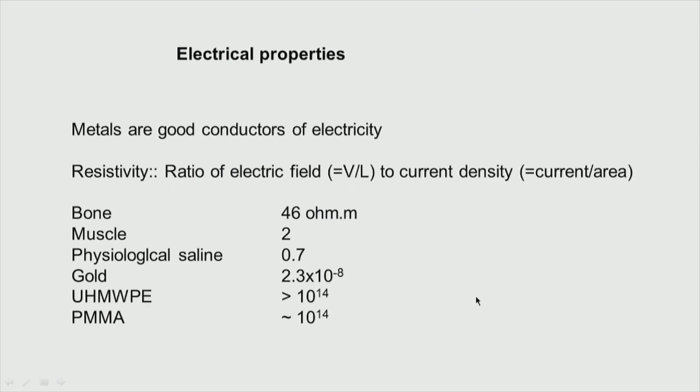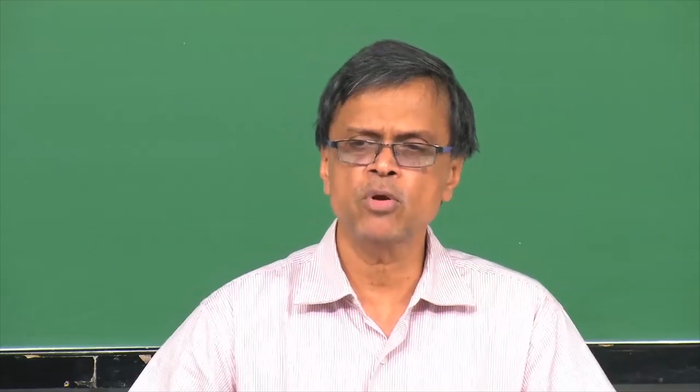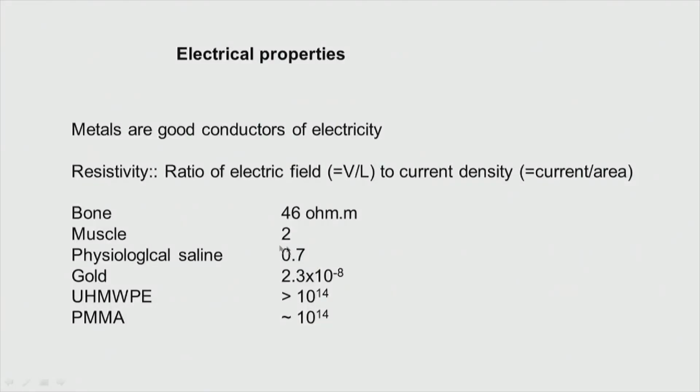Okay. Now, let us look at electrical properties, because electrochemical corrosion is a very serious problem in biomaterials when we are using different types of metals joined together. So, we will look at it. Metals are good conductors of electricity.